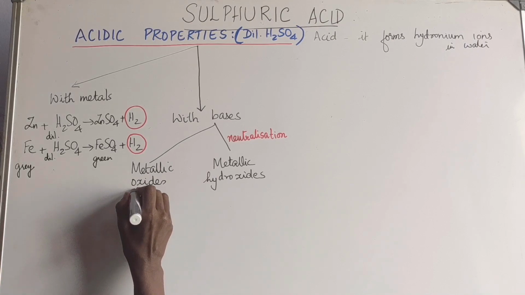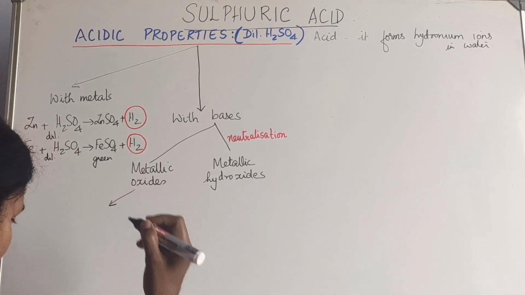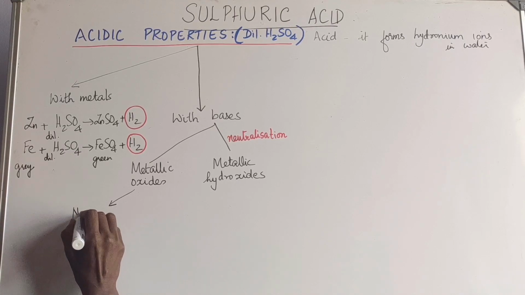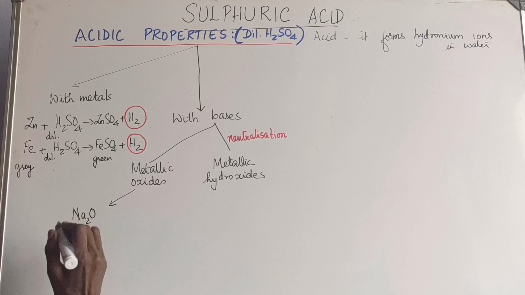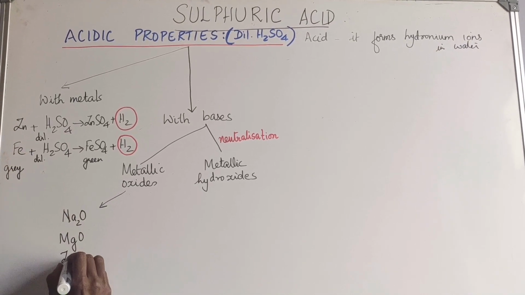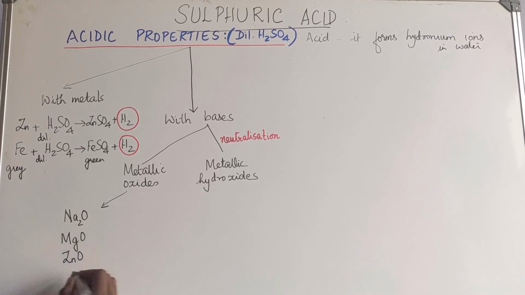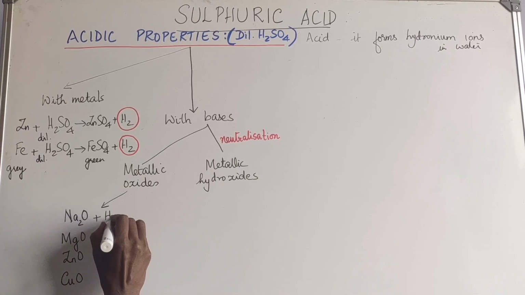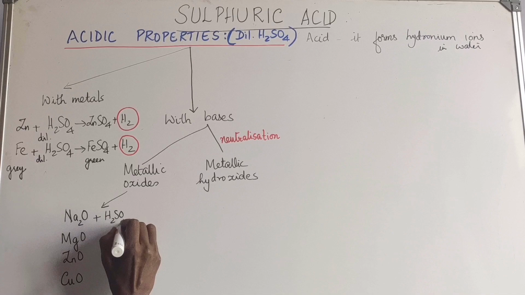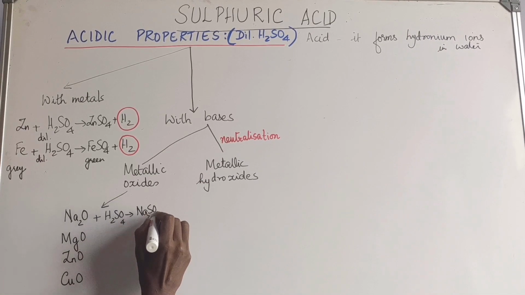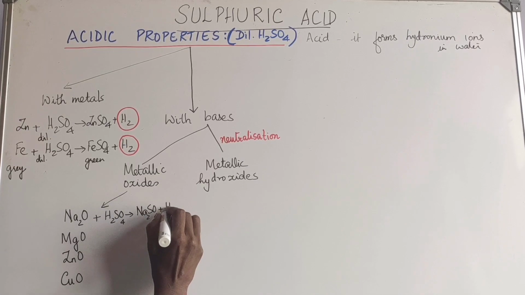Okay, now let's see the reaction of metallic oxides. There can be quite a few of them, like sodium oxide, magnesium oxide, zinc oxide, and maybe copper oxide. This reacts again with dilute sulfuric acid to give sodium sulfate plus water.